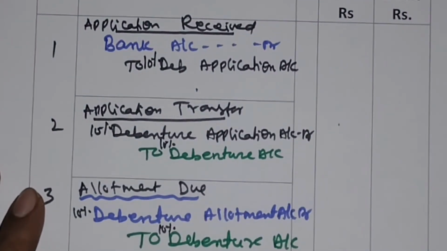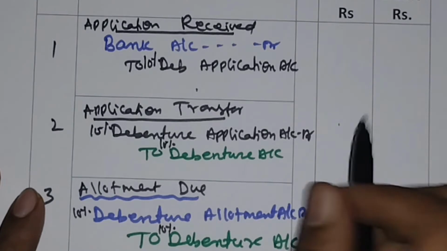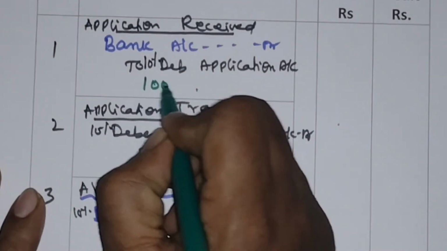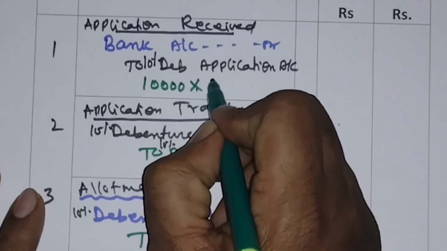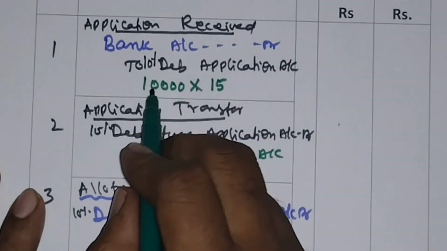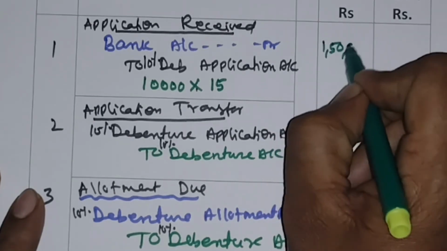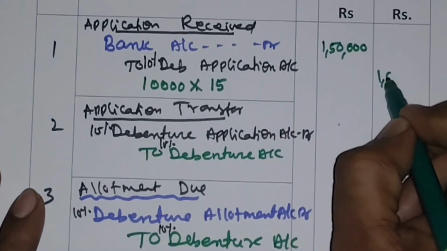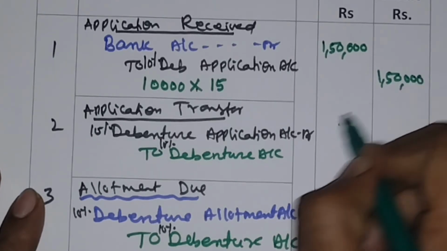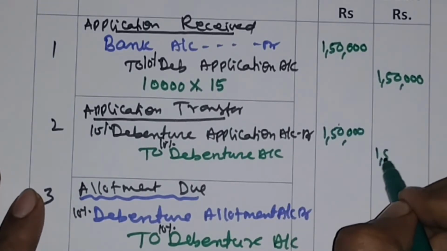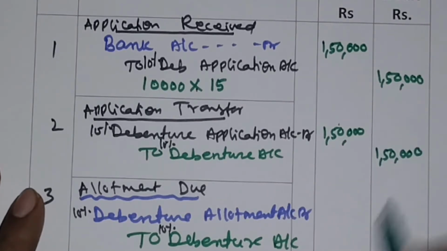Now it is issued 10,000 debentures, on application 15 rupees. 10,000 into 15 you get 1,50,000. This will appear in 4 places, because on application we have 4 lines of journal entries relating to journal entries 1 and 2.